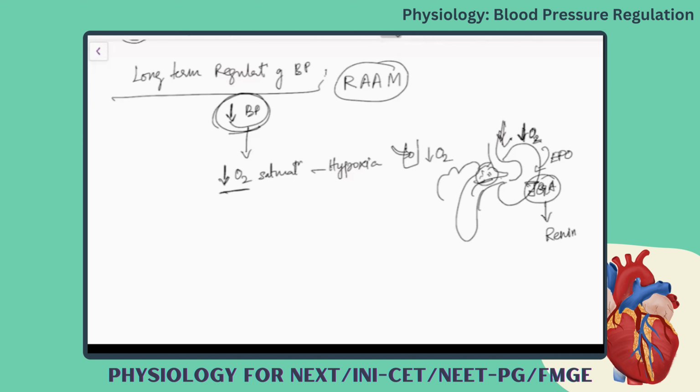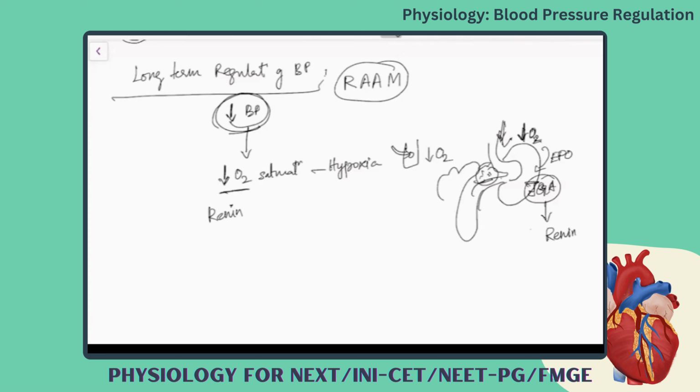So this hypoxic signal is now giving the production of renin. How? The blood entering into the systemic circulation is also entering into the kidney. The kidney is encountering that there is a decrease of blood pressure. It is also sensing there is a decrease of oxygen because with low blood pressure, a low amount of oxygen is entering into the systemic regions.